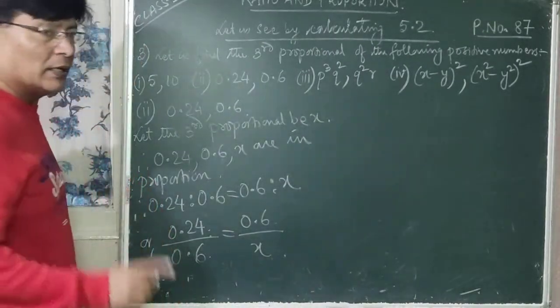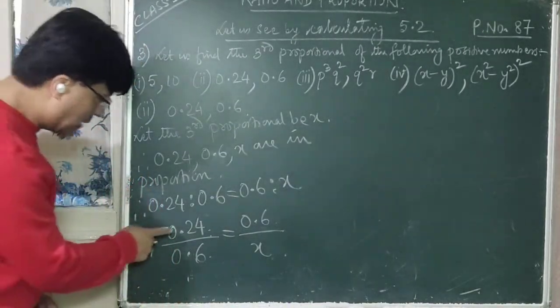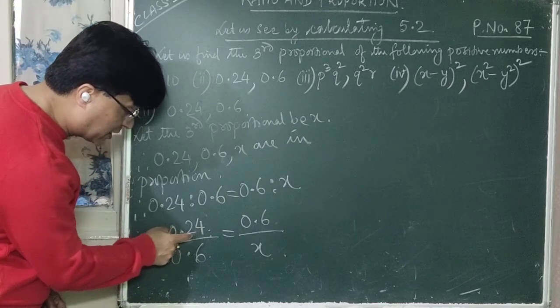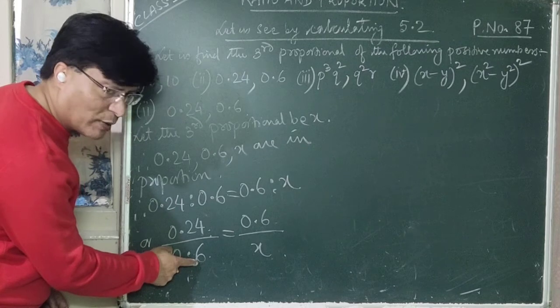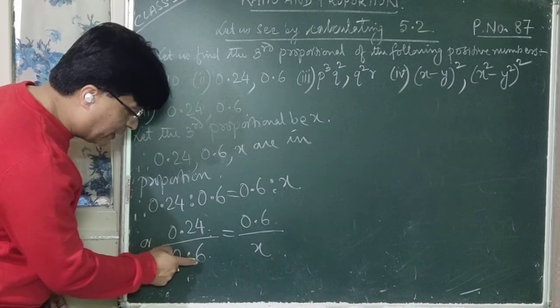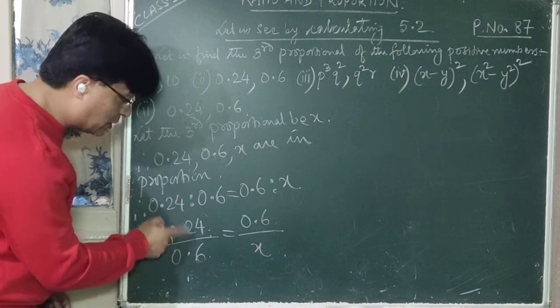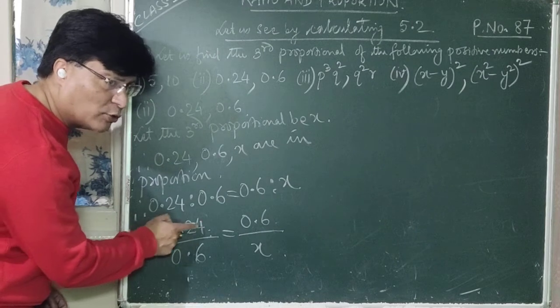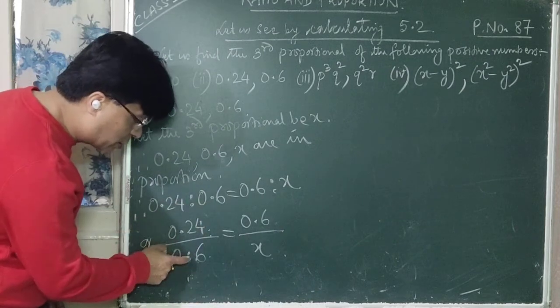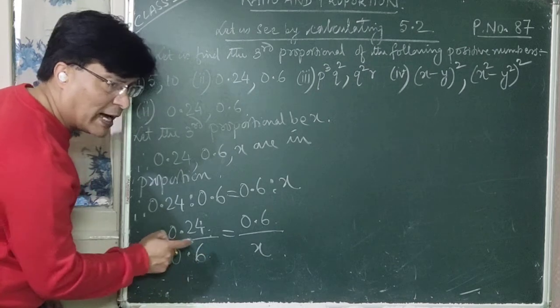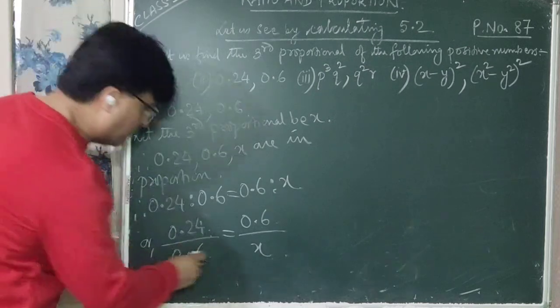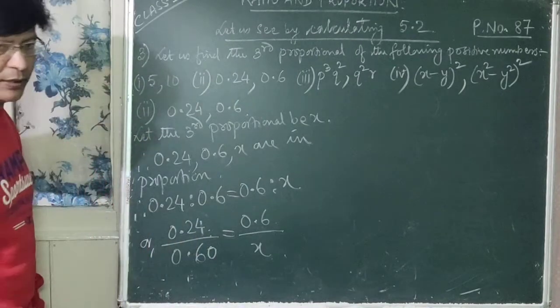Okay. So now here, after decimal point, how many figures are there? 2 figures. But here after decimal point there is only one figure. So you should make it 2 figures, because in the numerator after decimal point there are 2 figures. So here also, in the denominator also, you should make 2 figures after the decimal point. That means you can add 0 here.